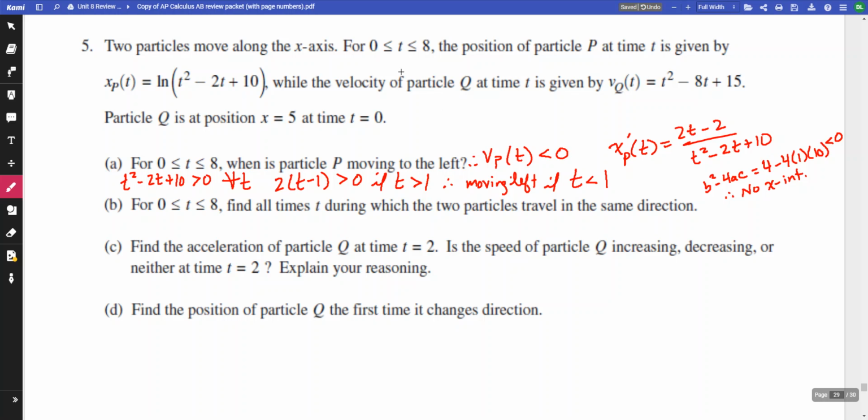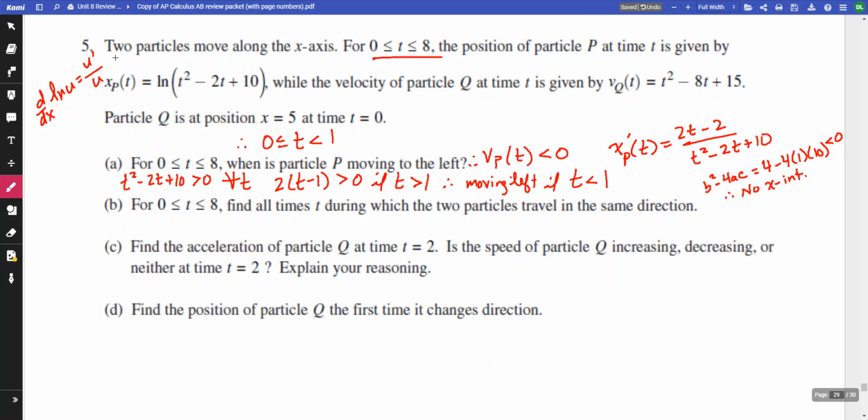Now, we're given a specific interval, so we need to then say, so therefore it's going to be 0 less than or equal to t and less than 1. All right, moving to the left, if the velocity is negative, find that derivative. And once again, the derivative of the natural log of u is u prime over u.